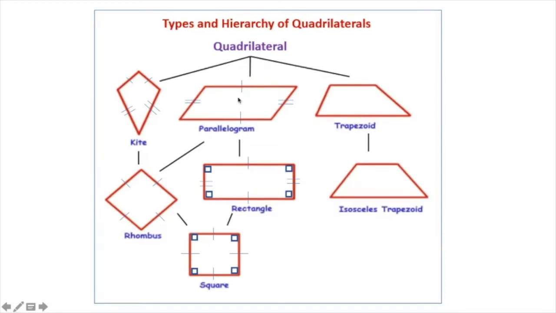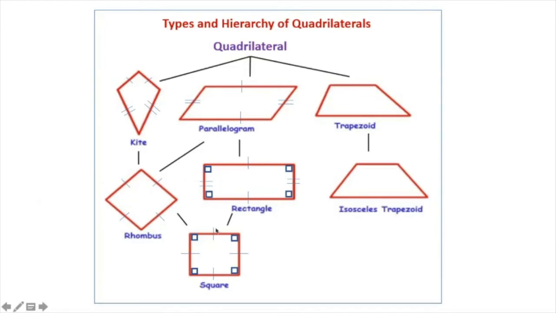So we go parallelogram down. Rectangles have opposite sides parallel, and then the extra feature is they have a 90-degree angle for all of those. And then parallelogram going this way, rhombus, opposite sides are parallel, and then the extra feature here is they're all the same length. That's indicated by these little ticks on here.